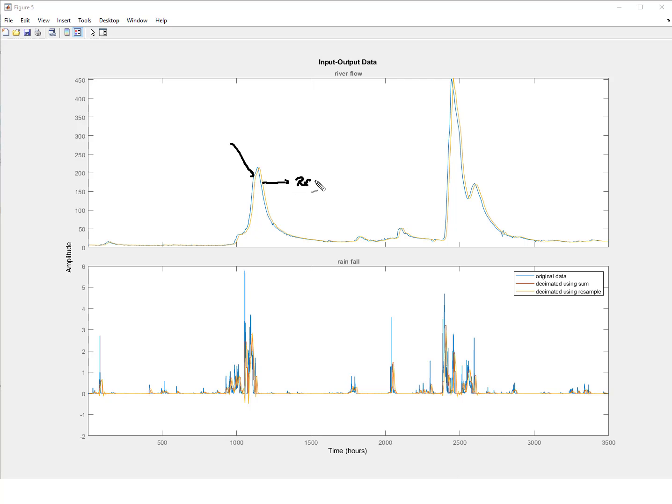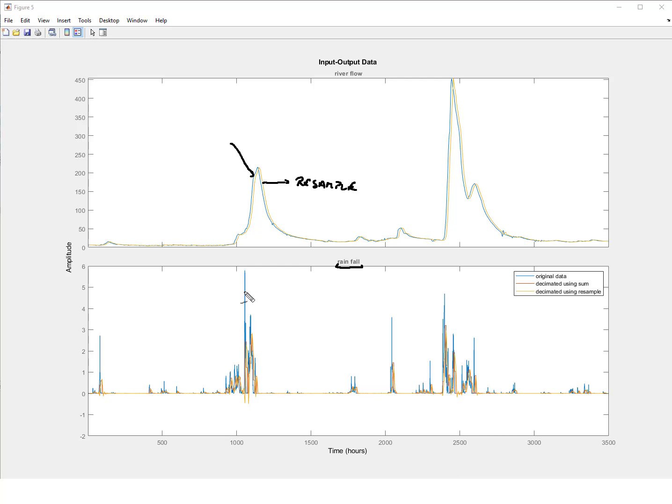So here it's simply done using a resample. And of course, since you have low pass filtering, there is a kind of a lag that is showing over here. For the rainfall data, what you see here again is the original data.